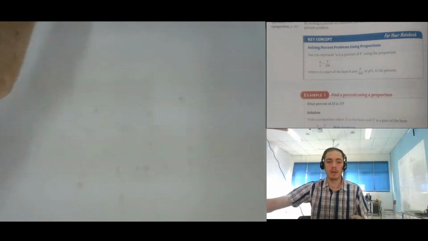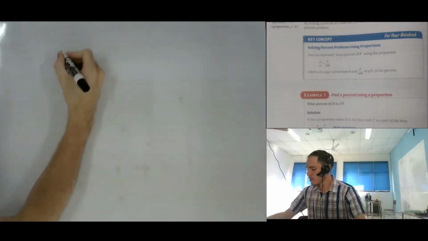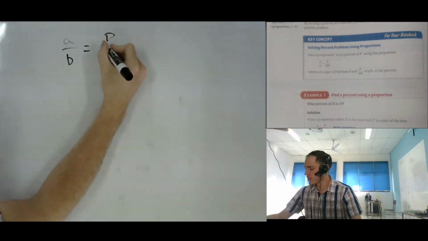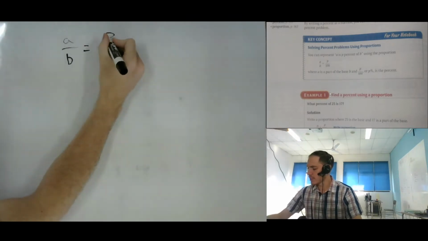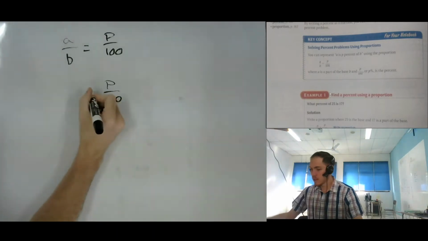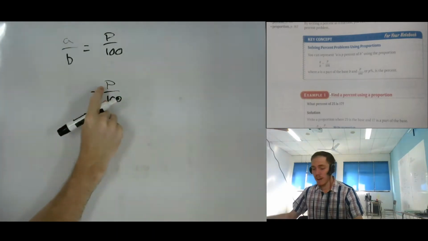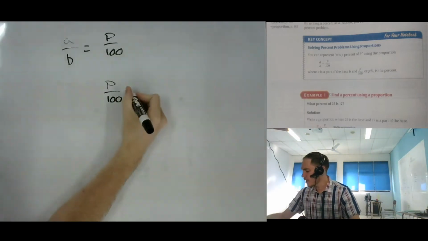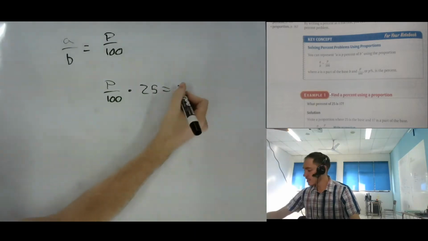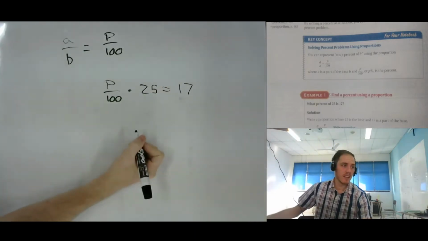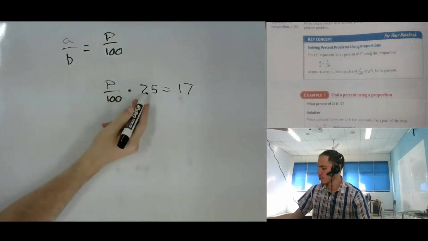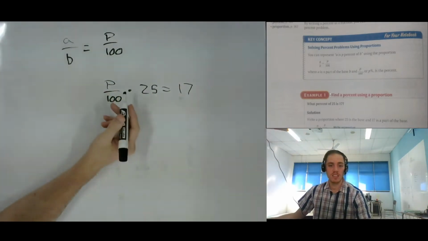Let's look. What percent? Remember our formula, A over B equals P over 100. So what percent tells us that P over 100 we don't know yet. What percent of 25 is 17? So P over 100 times 25 equals 17.